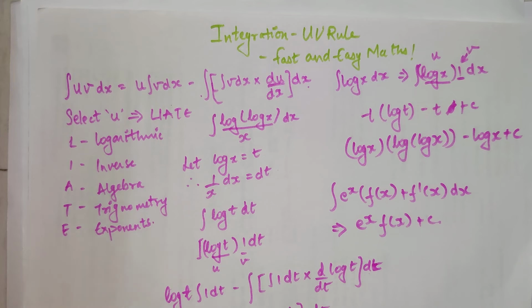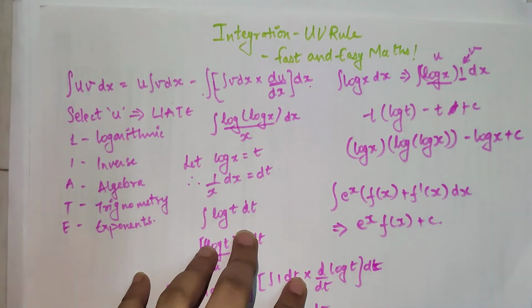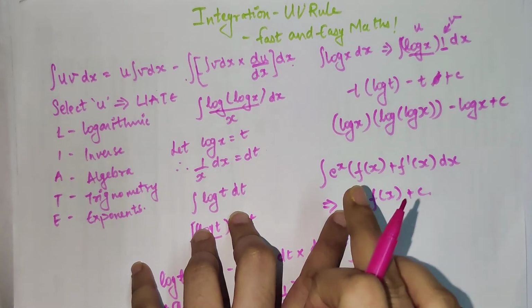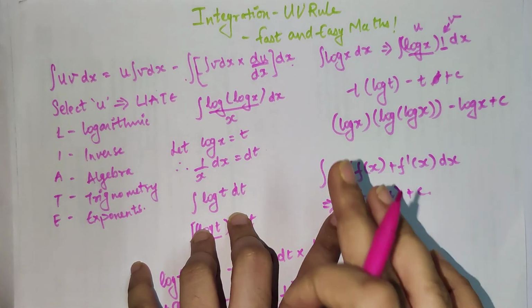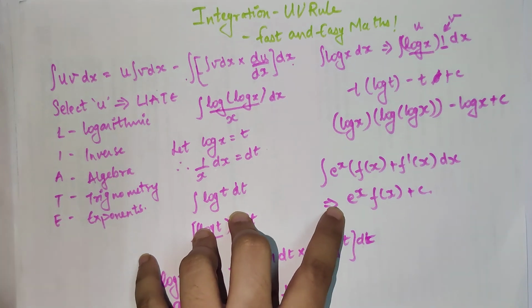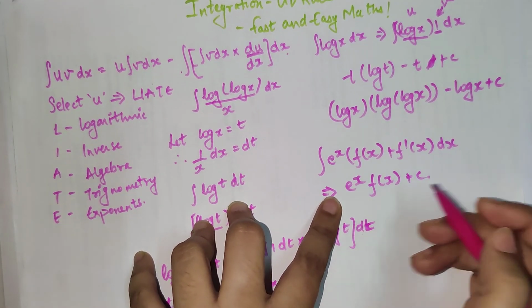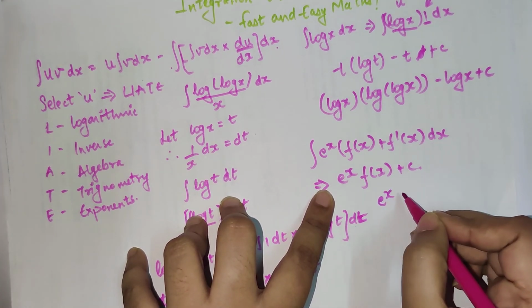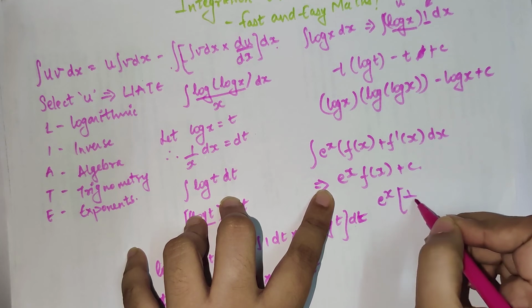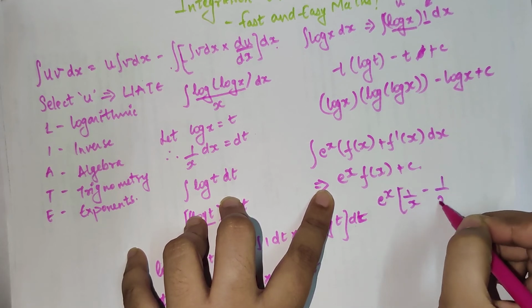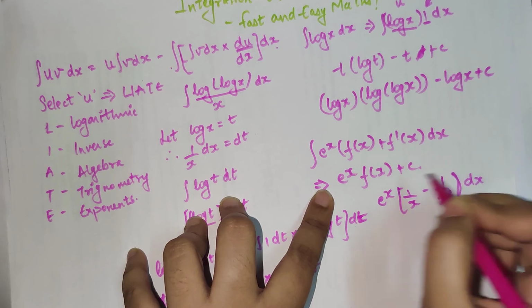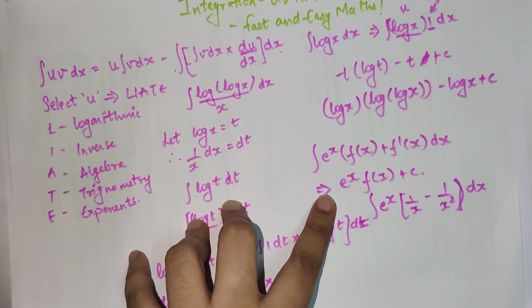Now let's look at one more sum for this property, so that you know when you will use it. Let's say you had e raised to x the whole multiplied by 1 upon x minus 1 upon x square, to be integrated with respect to x.